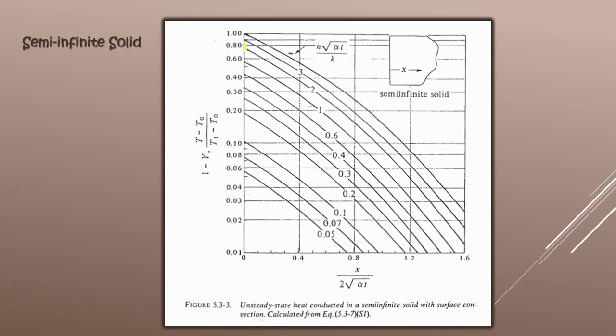This is 2 and this is 1. So more or less our 1 minus y has a value of, this is 0.6 and this is 0.8, 0.7 somewhere in the middle, 0.72 or 0.75, depending on how you're going to read it.